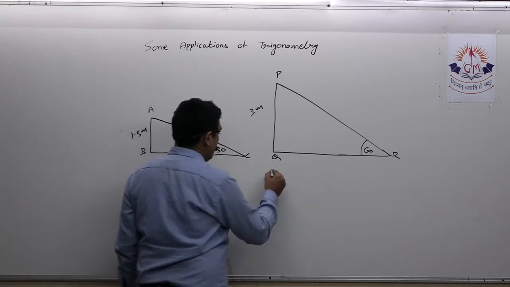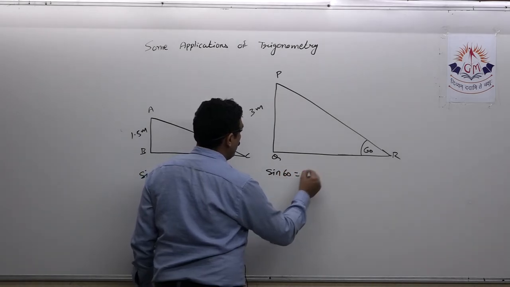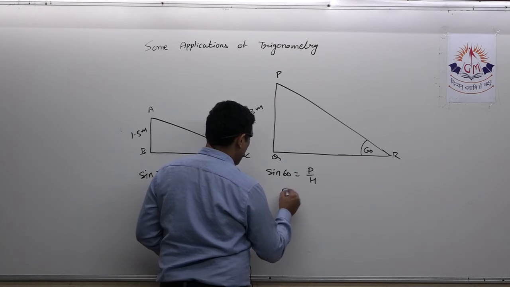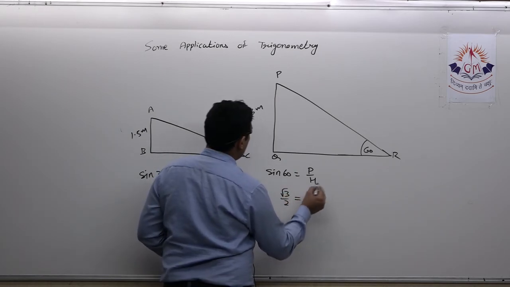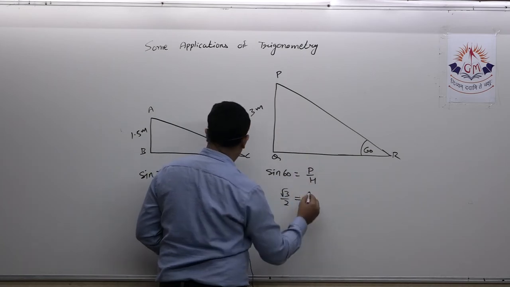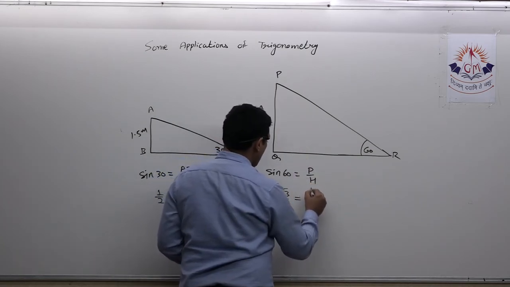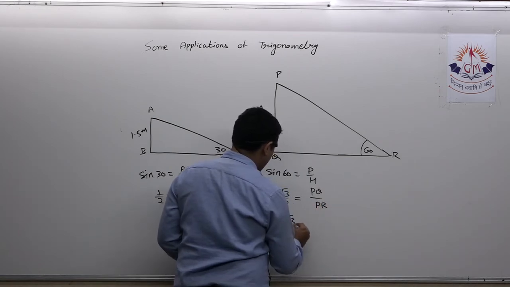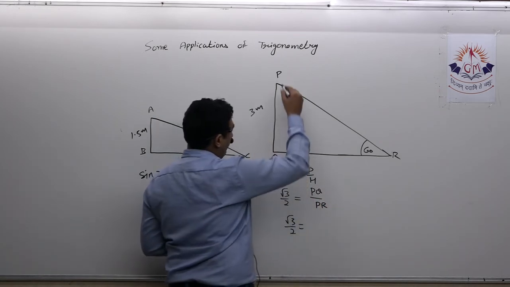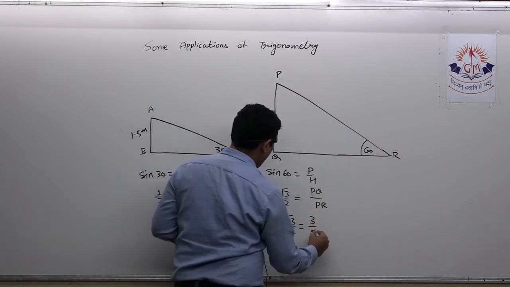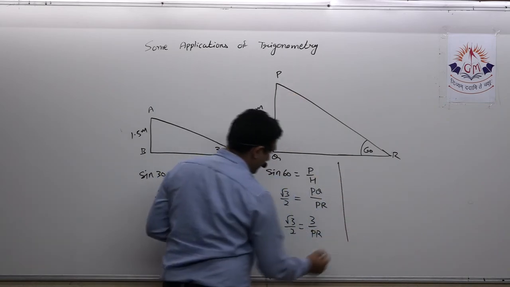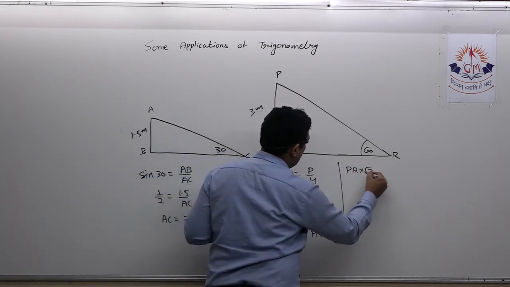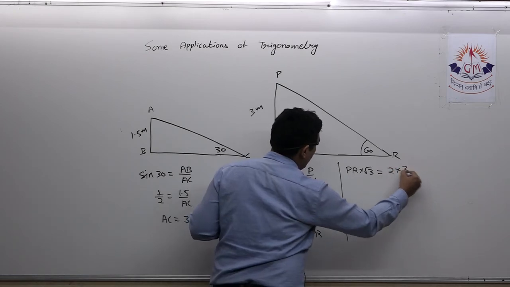Over here sine 60 is perpendicular upon hypotenuse. Sine 60 is root 3 by 2, which is equal to, for this angle of 60 degrees, perpendicular PQ and hypotenuse PR. So root 3 by 2 is equal to 3 upon PR. On cross multiplication, PR multiplied by root 3 is equal to 2 multiplied by 3.